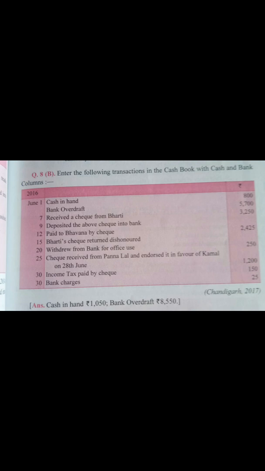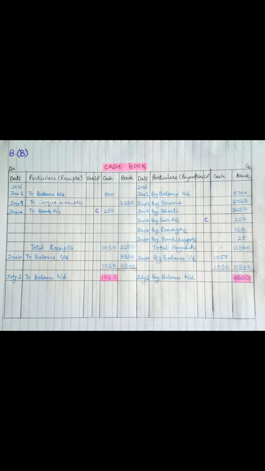So the check given by Bharti of amount 3250 is deposited into a bank on 9th June. So for this we have to make the entry on debit side of the cash book. In the date column we have to write 9 June, and in particulars we have to write to check in hand account, and in bank column we have to write the amount, that is 3250.